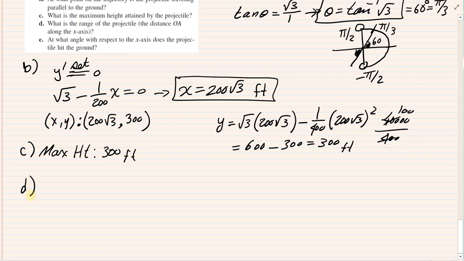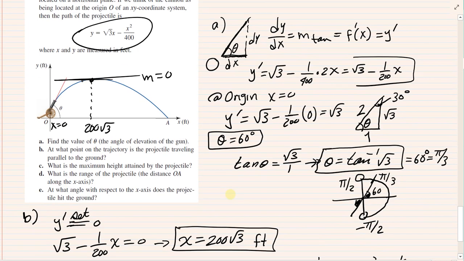In part D now, what is the range of the projectile? That is the distance OA. The range, they're talking about how far it's going to go before it lands. So for the range, I need to find the coordinates of point A, don't I? And the x component gives me that.